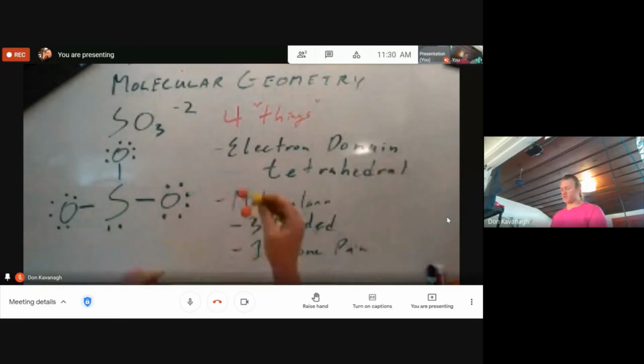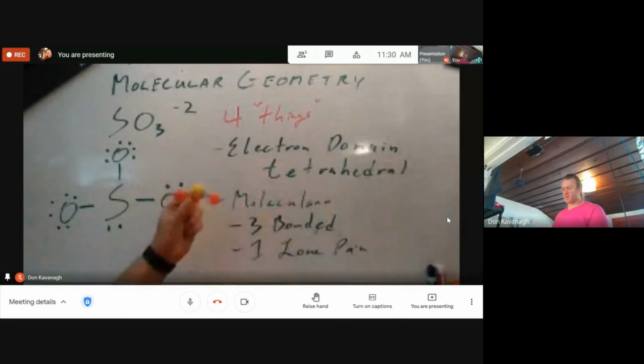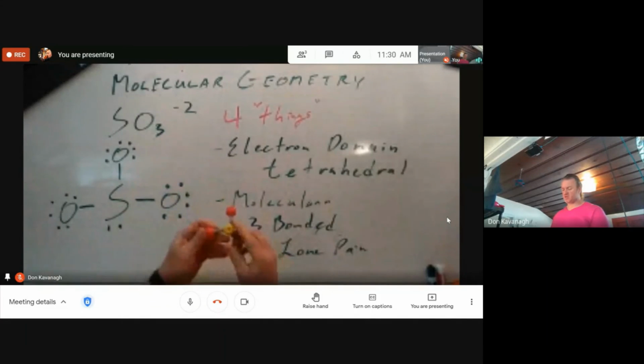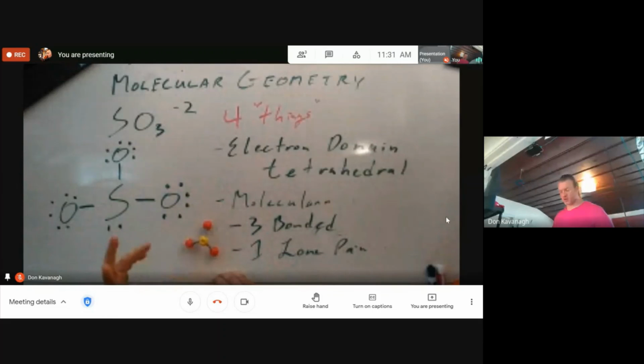And when we talk about the molecular geometry, we stop thinking about the lone pair that's present, and we focus on the atoms that are surrounding the central atom there. Okay. This is a trigonal pyramidal type structure here, a trigonal pyramidal, as opposed to a trigonal planar.